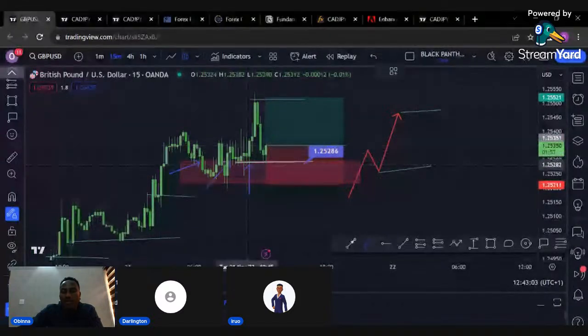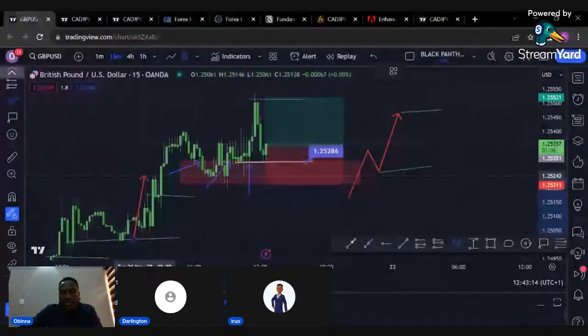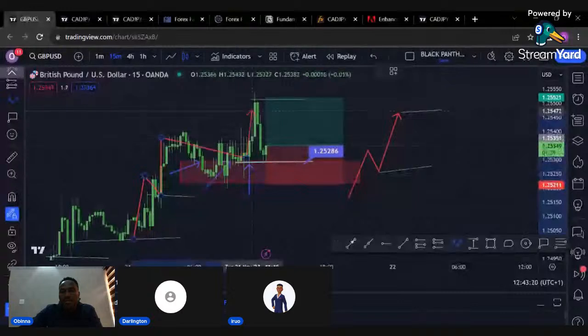But how do I know that it has made a higher low? If price makes a higher low and breaks the previous higher high, then makes a new higher low, breaks the previous higher high. So the same thing that happened here, it breaks this previous higher high. So this is the higher high here. So this is still the current higher low.